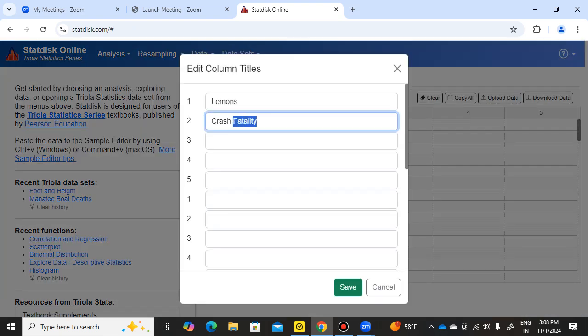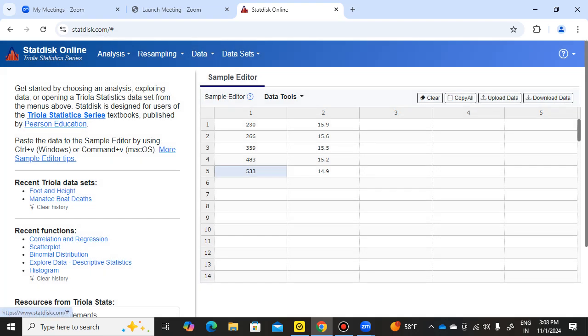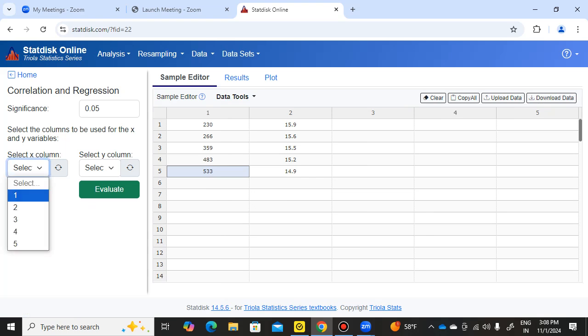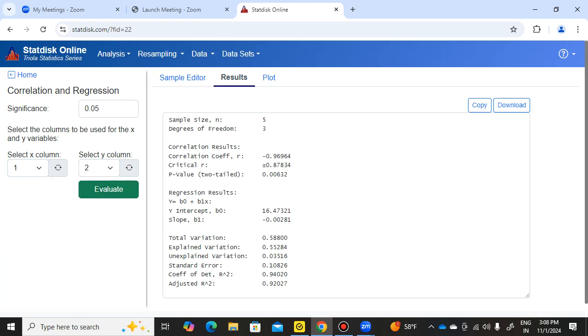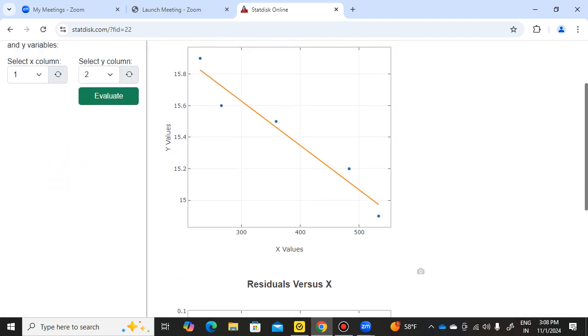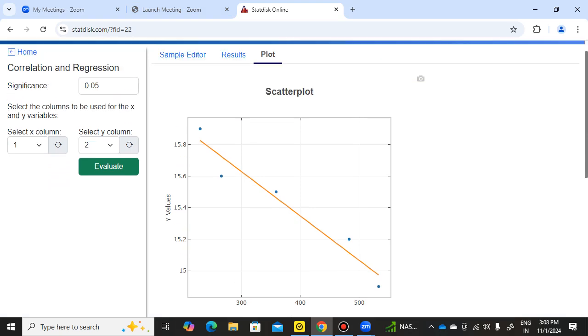Take this out. No, it's just not doing it. Anyways, so we'll look at the plot, and it looks like there's a downwards slope to it. So the higher the tonnage on this lemon, the lower the number of crash fatalities.